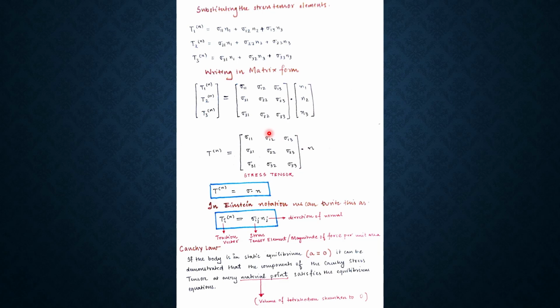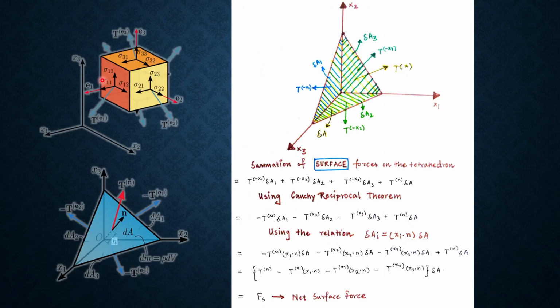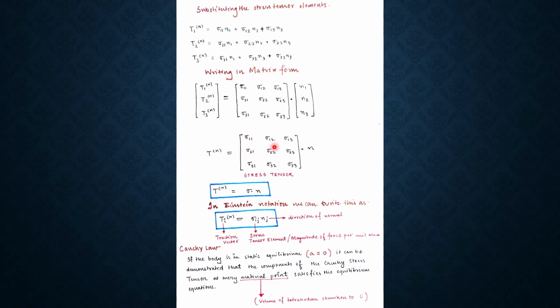So this sigma matrix that I'm calling till now is the stress tensor. And this sigma 11, sigma 12, sigma 13 that I've written are nothing but these same terms over here. Now writing this equation in an even more compact form, what I get is T of n equals sigma dot n.